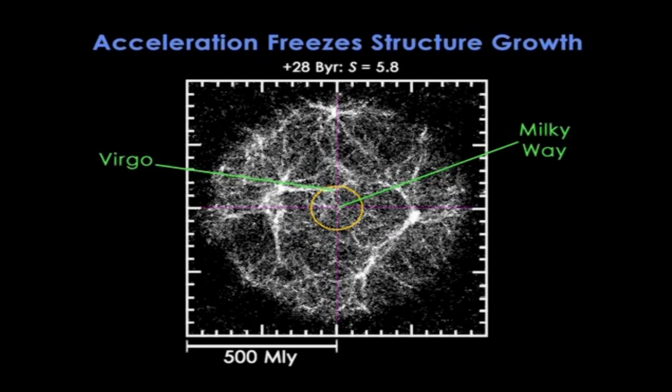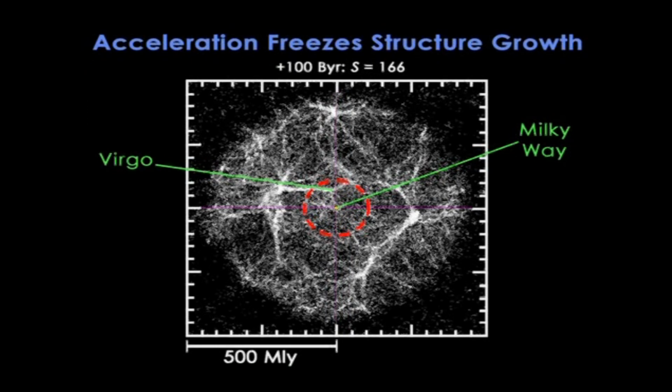Of course, by this time, the Milky Way and Andromeda merged long since, but we never fell into Virgo, and Virgo never grew much larger. Now let's jump 100 billion years in the future. The billion light-year circle is now a dot at the center, and a new red dashed circle has appeared. That's the distance at which the expansion speed is the speed of light.